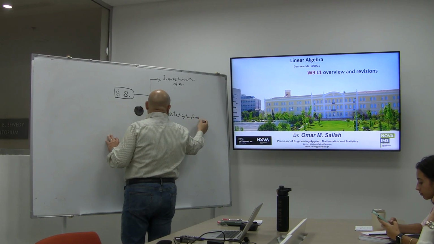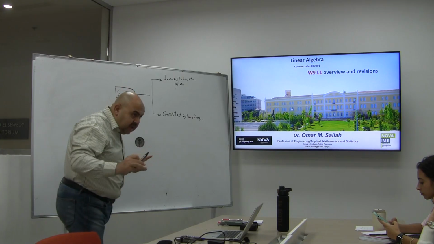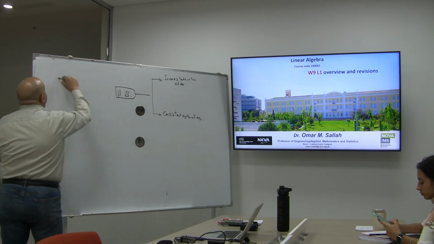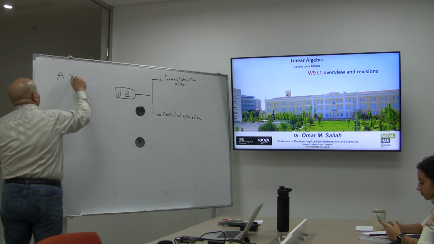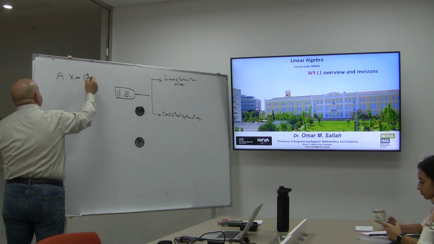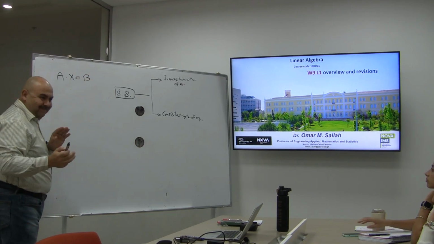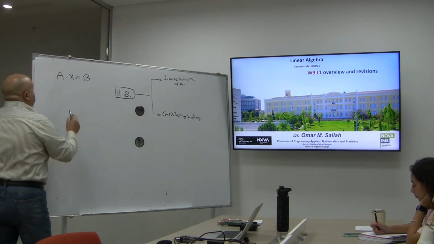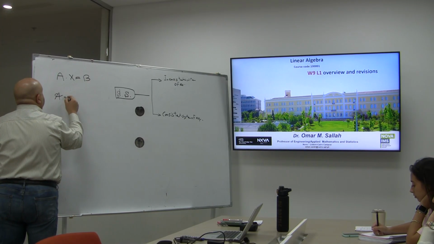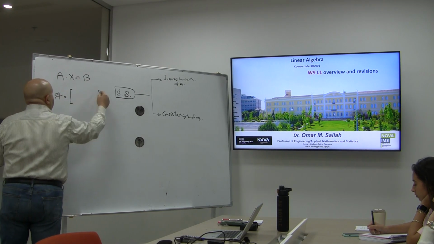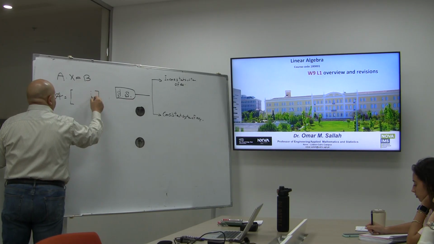Of course, any system of equations will be A dot X equal to B, the system we already saw. The first step is to put the augmented matrix. The augmented matrix is actually two matrices put together.